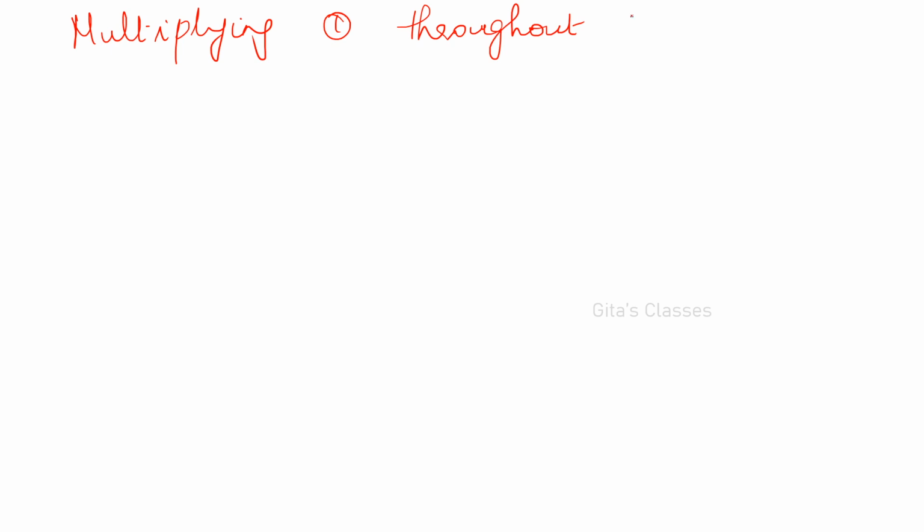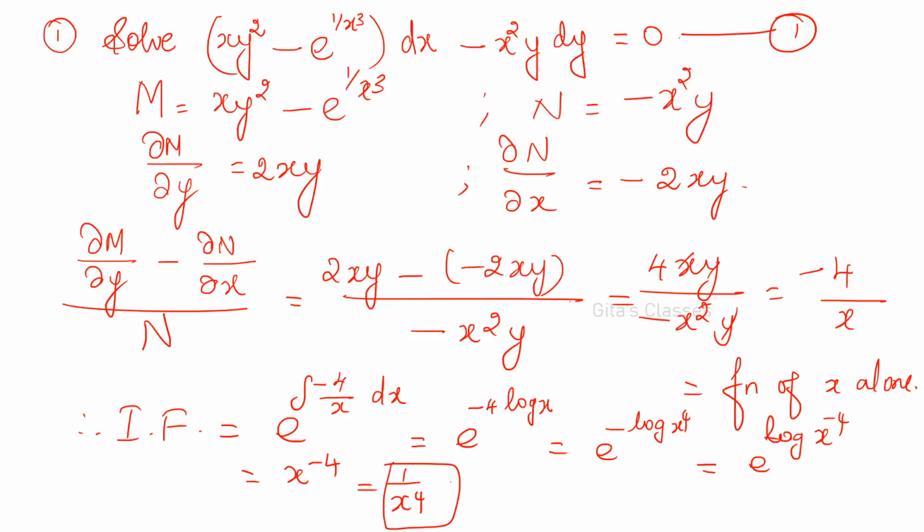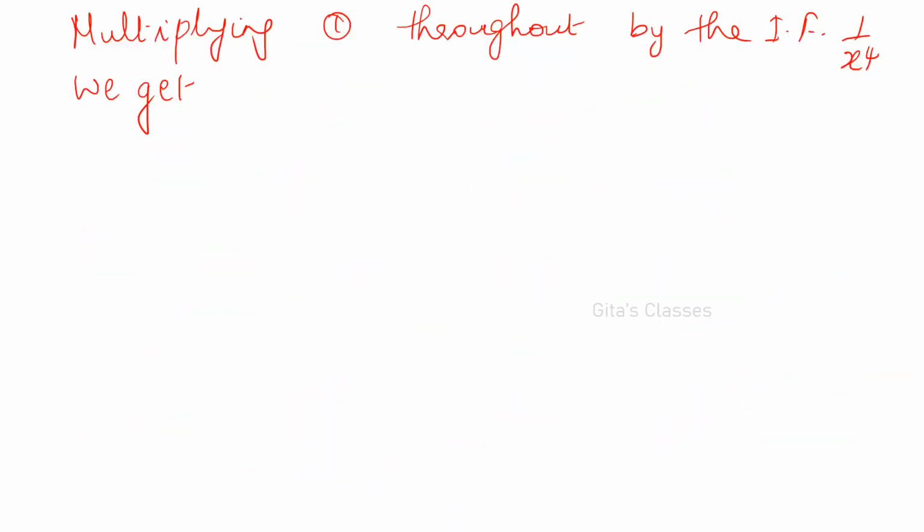So multiplying throughout by the integrating factor. What is the integrating factor? 1 by x power 4, right? Multiplying by 1 by x power 4 we get, first term is what? xy squared by x power 4.